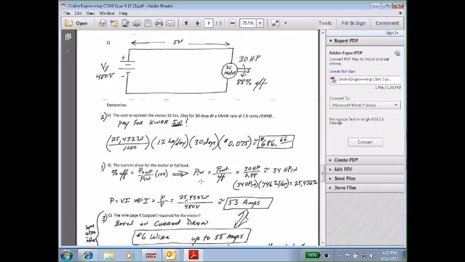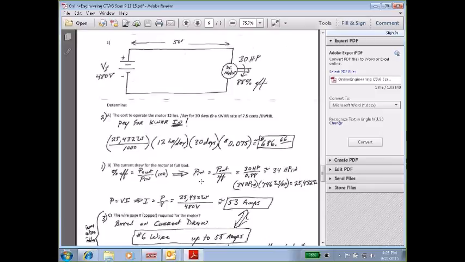We know that 1 horsepower is equal to 746 watts. That means I've got 25,432 watts going in to this motor. Now, one of the concepts that we're looking at here is that the nameplate data on a motor is always your output or shaft horsepower.